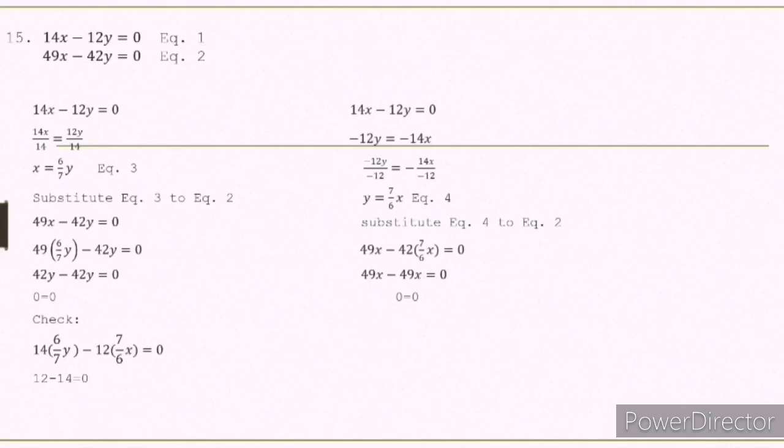Then substitute equation 4 to equation 2. 49x minus 42 times 7 over 6x is equal to 0. 49x minus 49x is equal to 0.